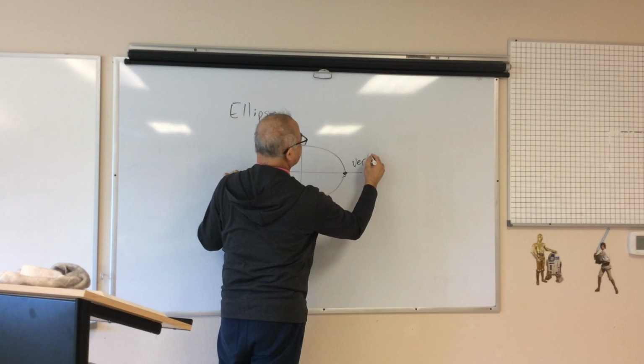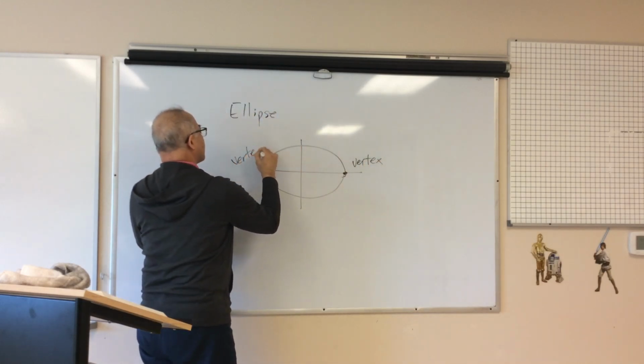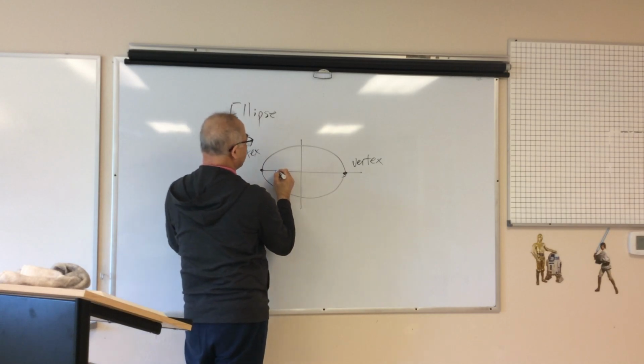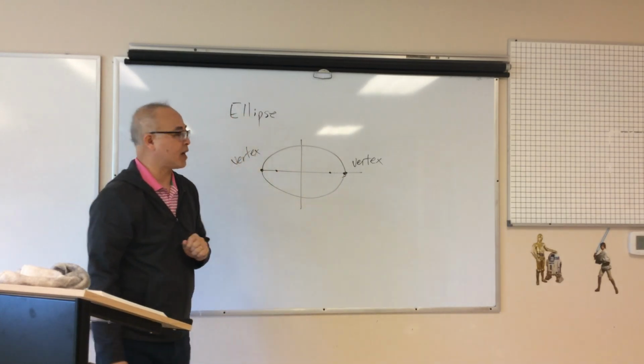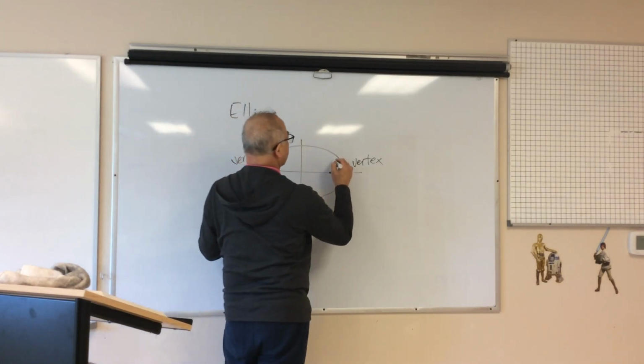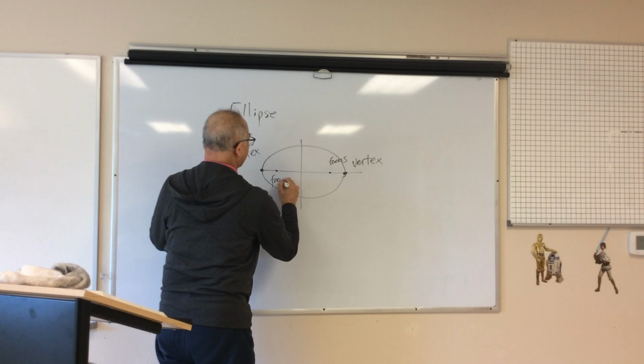So this is a vertex, this guy's a vertex, and then you have two focus, otherwise known as foci. So this will be a focus, this guy would be a focus.